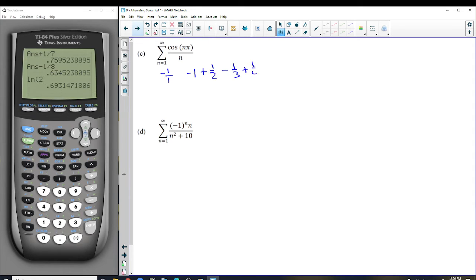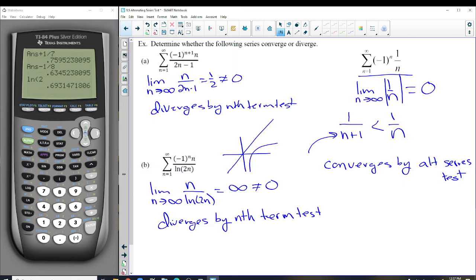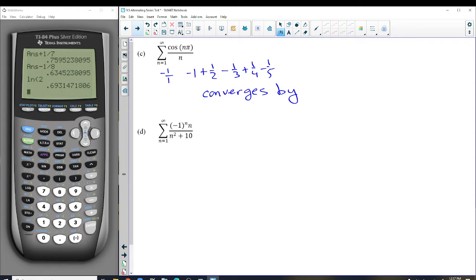So plus 1/4 minus 1/5. So this converges by the alternating harmonic series, and you don't have to show the work. Converges by alternating harmonic series.